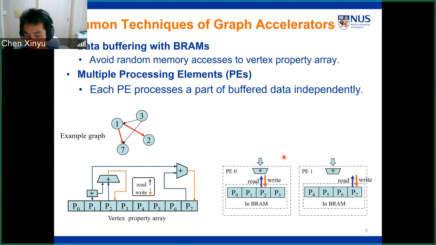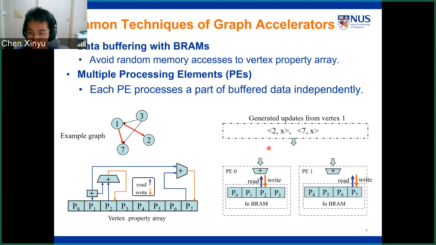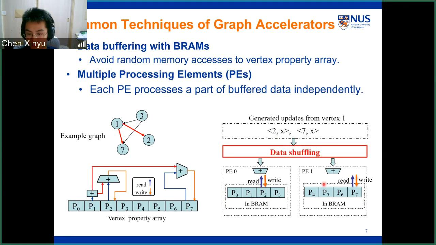So in this case, we need logic to dispatch these edges to different PEs, because each PE only processes a partial set of data. In this example, the first edge will go to P0, and the second edge will go to P1, because its destination is located in P1.